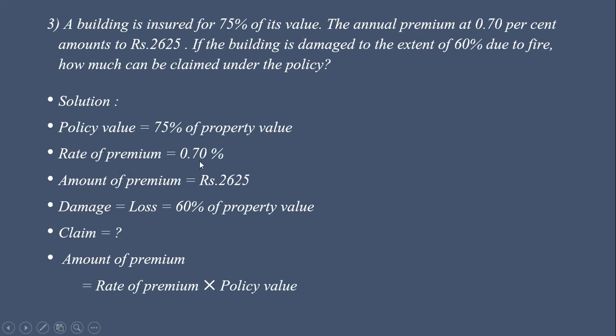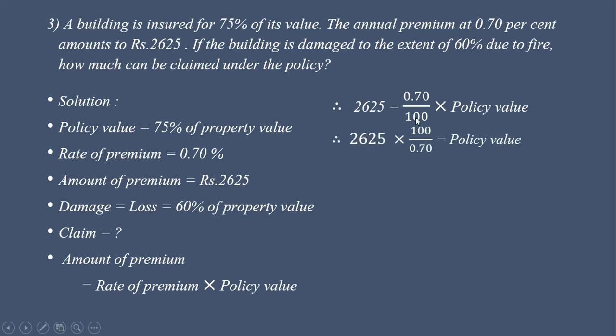Here rate of premium is given, amount of premium is given. We substitute this amount of premium and rate of premium here and we find this policy value. So amount of premium 2625 is equal to rate of premium 0.70 upon 100 into policy value. We solve this equation and find policy value. So we transfer 100 here. So 2625 into 100 upon this 0.70.